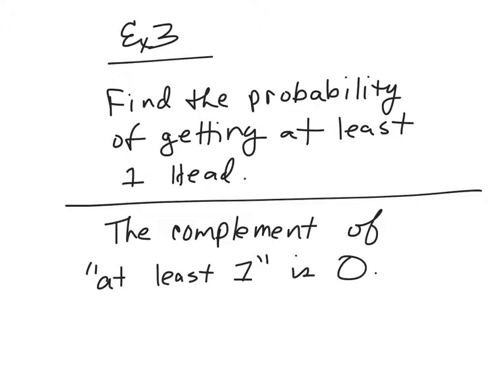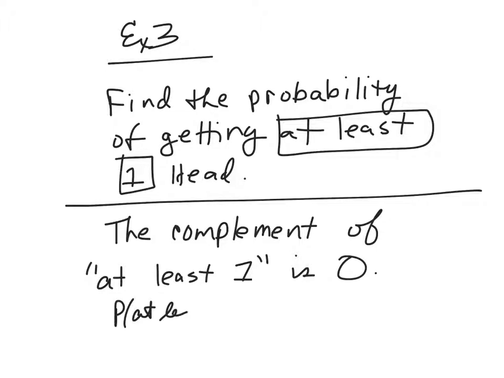Anytime you get an at least one problem, you want to think in terms of complements. The probability of at least one head will equal 1 minus the probability of getting 0 heads.